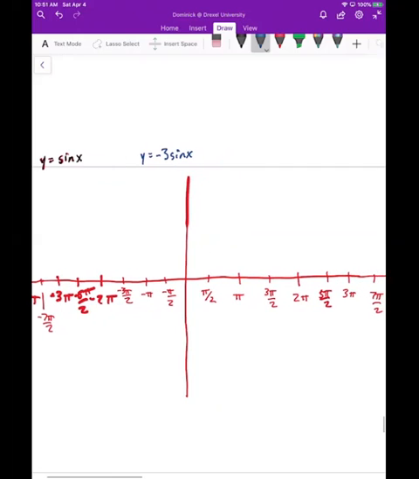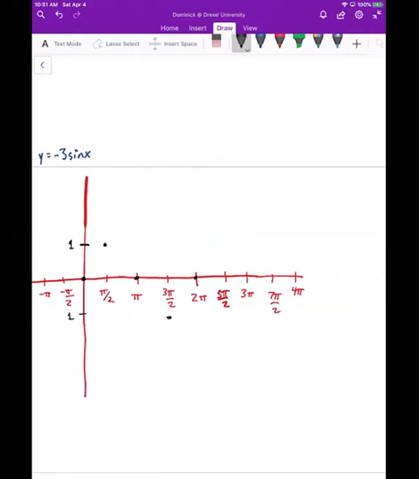All right, well, what does sine look like? Well, let's fill it out in a similar manner as before. So we know that sine at 0 is 0. We know that sine at pi over 2 is 1, and at pi it's back to 0. At 3 pi over 2 it's -1, and at 2 pi it's 0. And then of course after that we repeat again. So this is up here, this is down here, and up here.